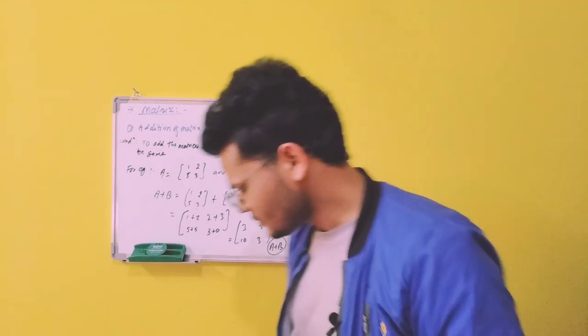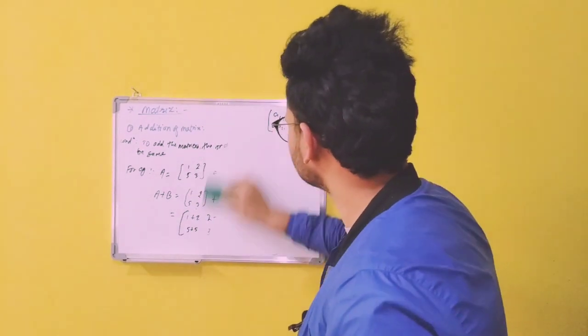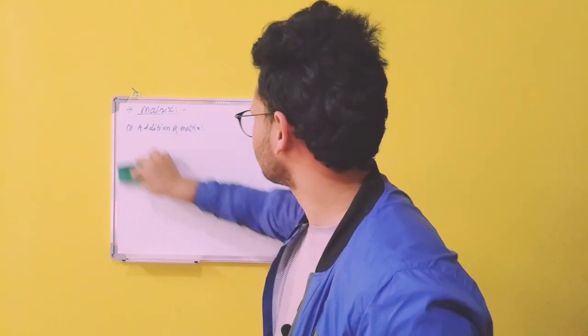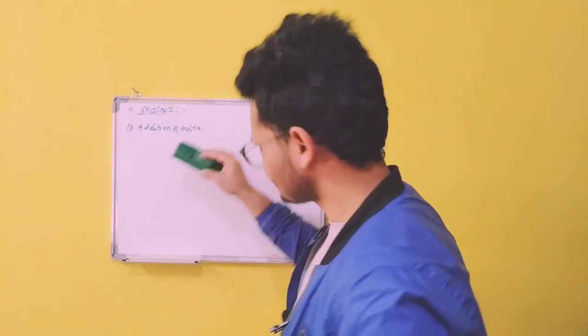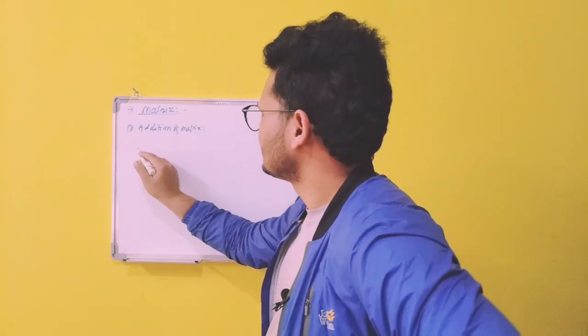Okay, next one is subtraction. Okay, before discussing the subtraction, let us take an example of addition of matrix. Let us take that one.